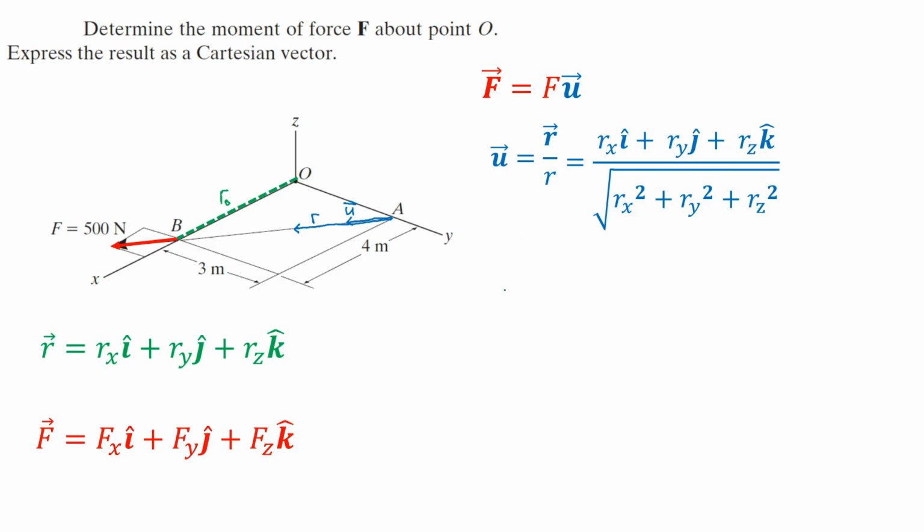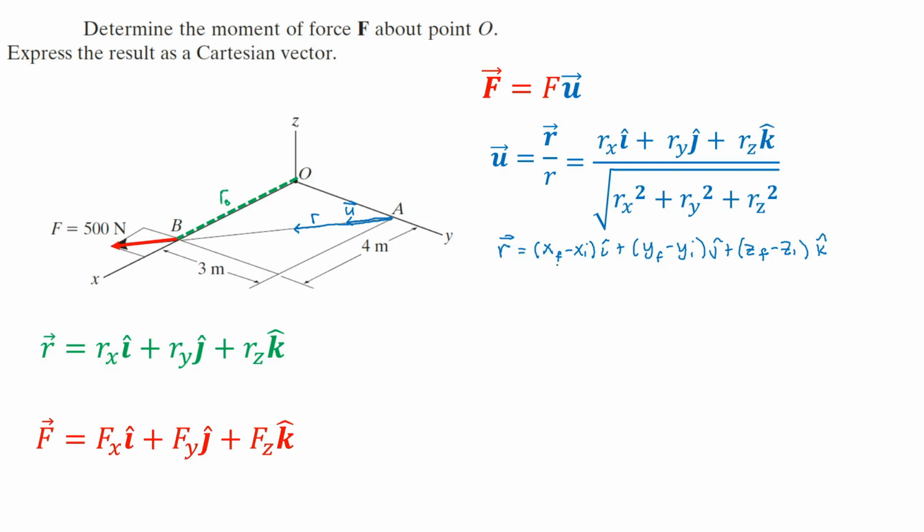To solve for the position vector R, remember that Rx is the final position minus the initial position on x, that is i hat, plus the final position on y minus the initial position on y, that is j hat, plus the final position on z minus the initial position on z, and that is k hat.